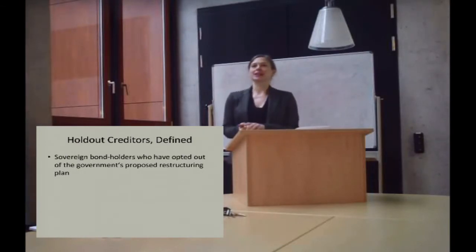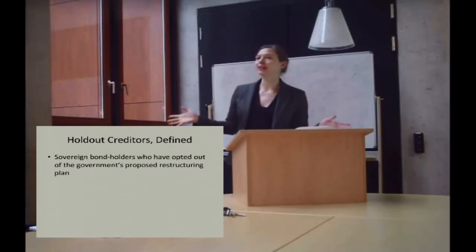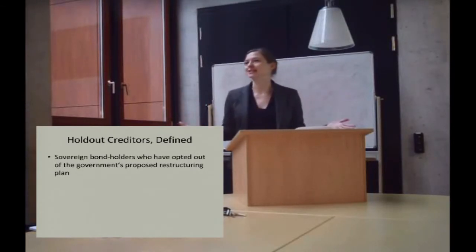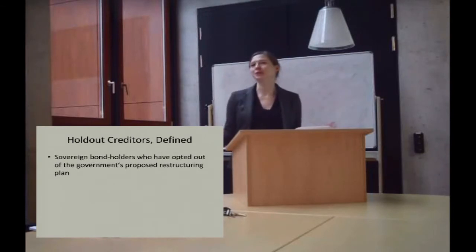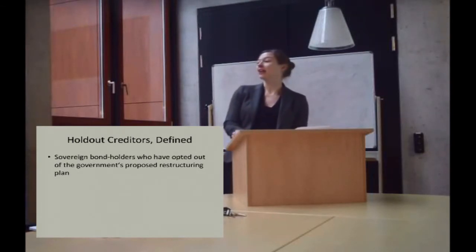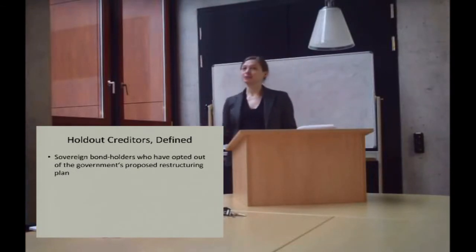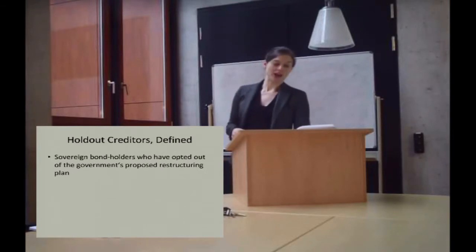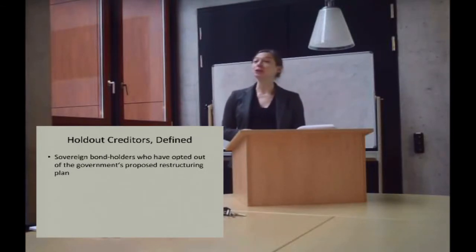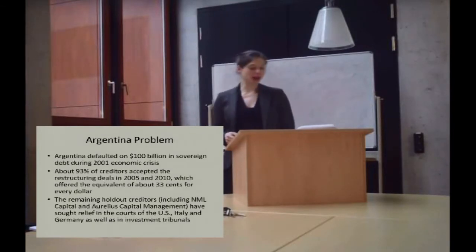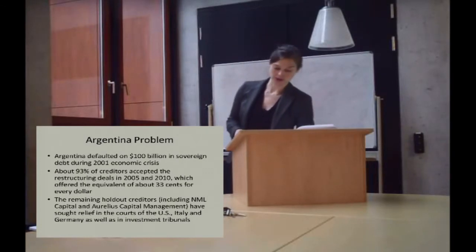They recognize that this sovereign can't necessarily pay their bonds back the way that they want. But on the other hand, they have this private contract, which Harvey has referred to, and this private contract does give them the right to ensure that they will be repaid, and repaid in full. And that's where the Argentina problem comes in, of course.